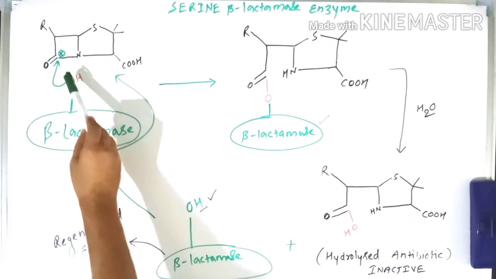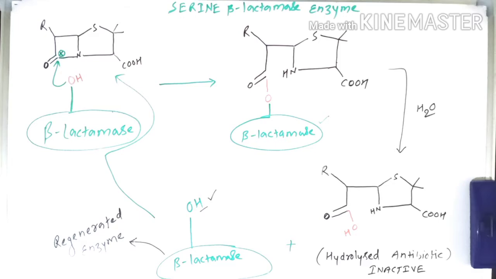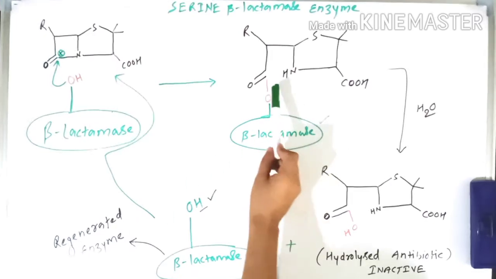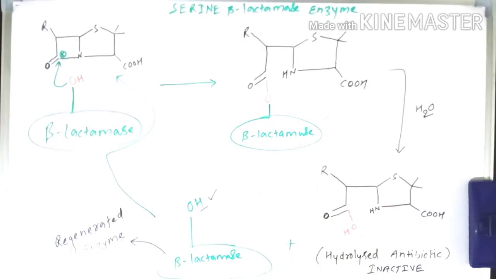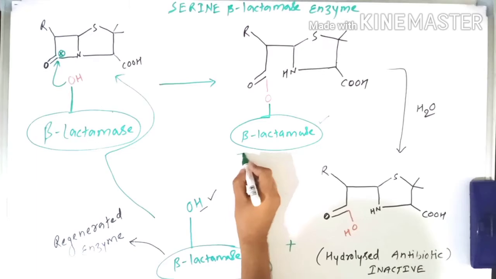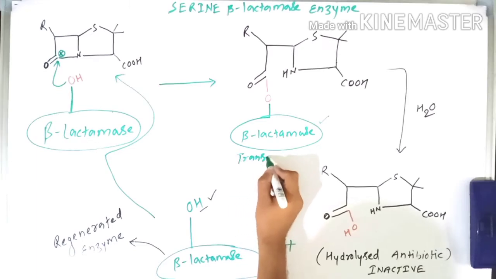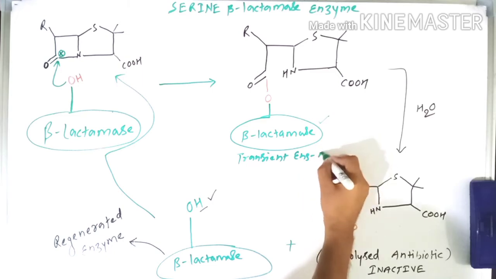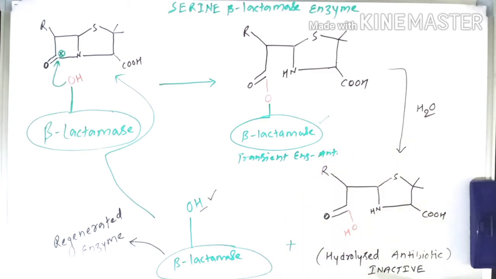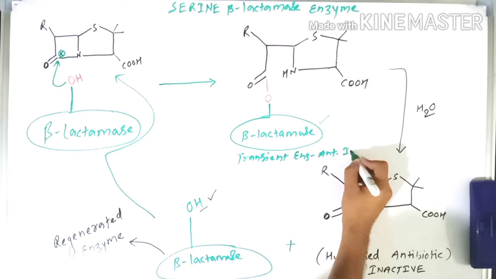So this nucleophile attacks this carbonyl carbon and opens this beta-lactam ring to form a transient enzyme antibiotic intermediate.